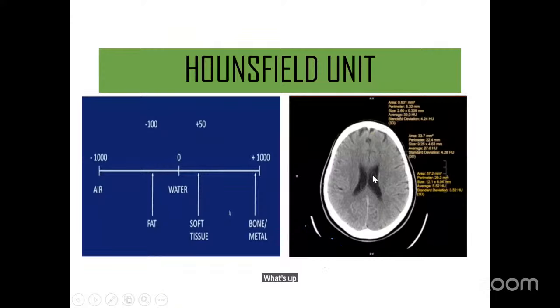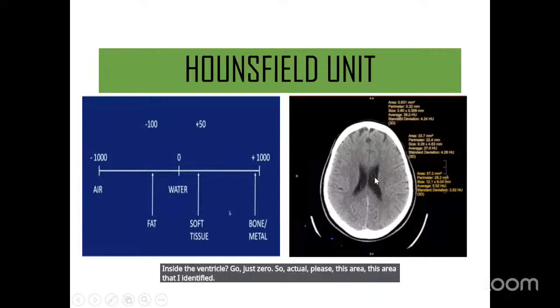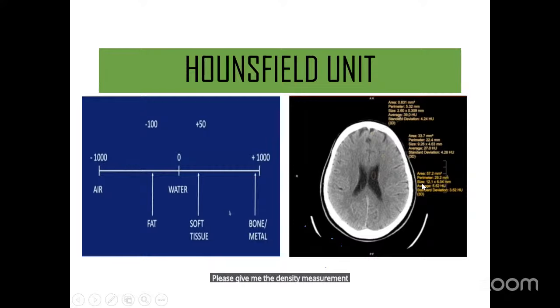Can you see this oval thing inside the ventricle? So we ask the computer, please, for this area identified, give me the density measurement, the HU value. And look at this average. It has given an average of 5.5 HU, 5.5 Hounsfield units. That's what it means.